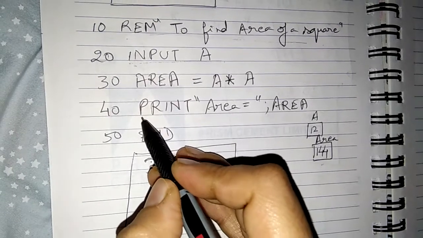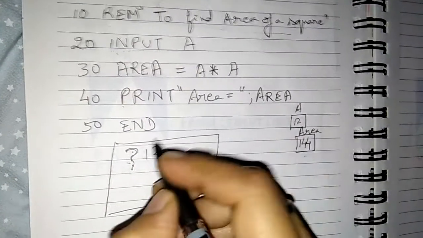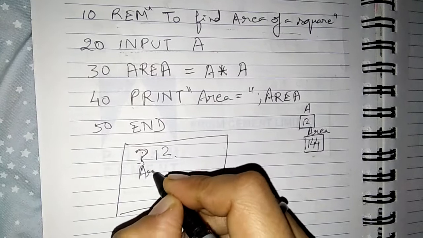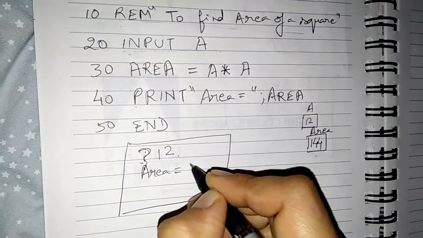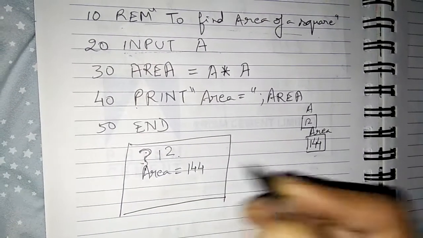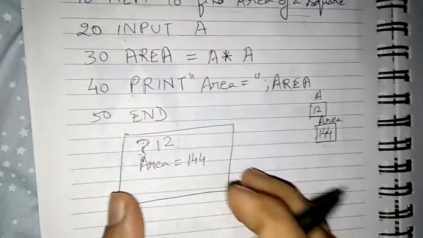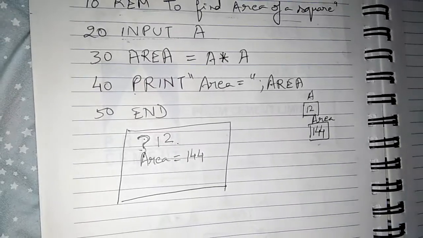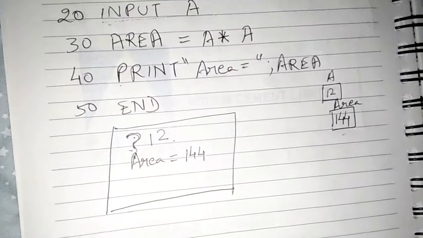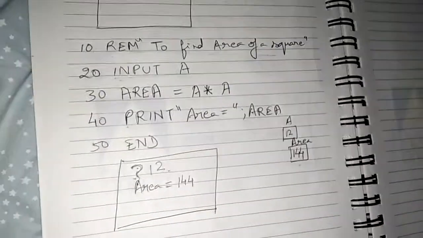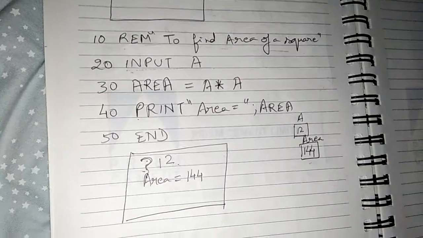And then the output part, it will display area is equal to 144. Now this will end the program. Now have you seen the difference between the first program and the second program, using an input statement and a let statement?